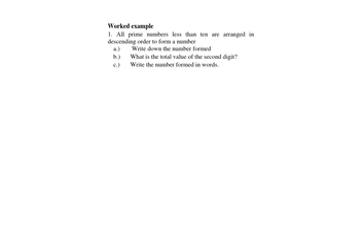Let's work out this example. We are told that all the prime numbers less than 10 are arranged in descending order to form a number. Part A, we are told to write the number formed.